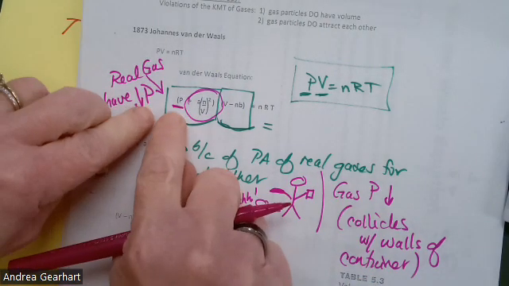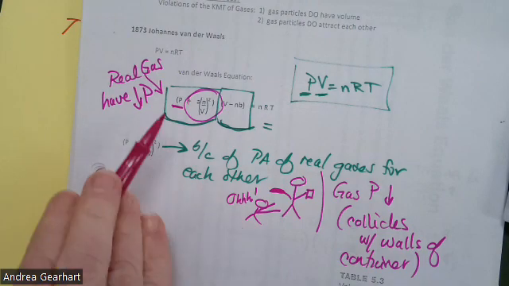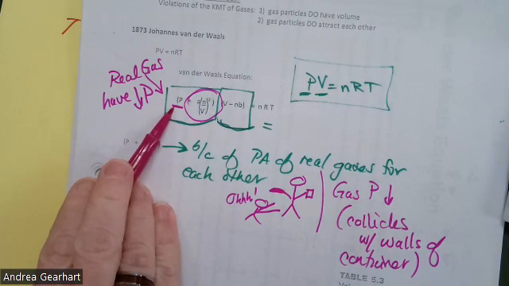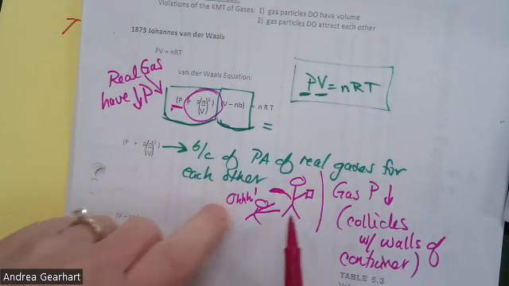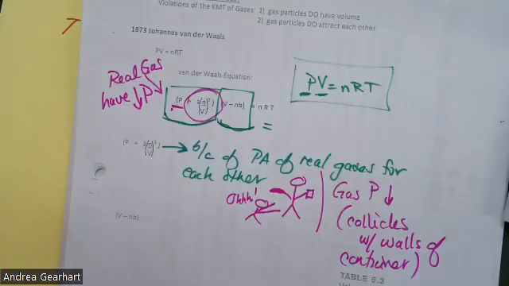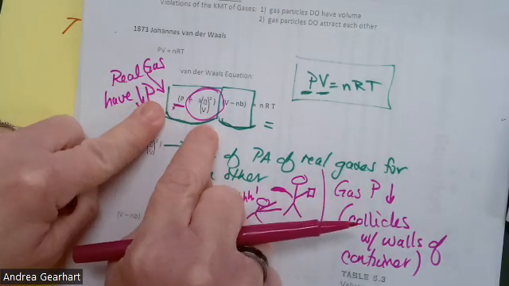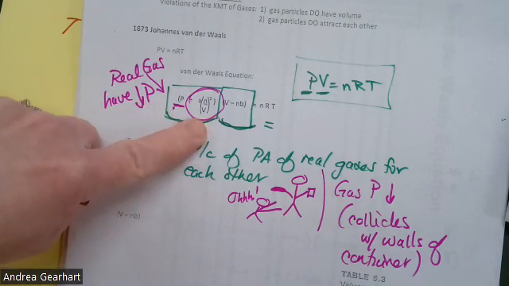So this would be the pressure that we would measure in lab, and knowing this is going to be lower because of the attraction, to get this to cooperate with the ideal gas law, we need to add to the pressure, because real gases will have lower pressure than if they were ideal.